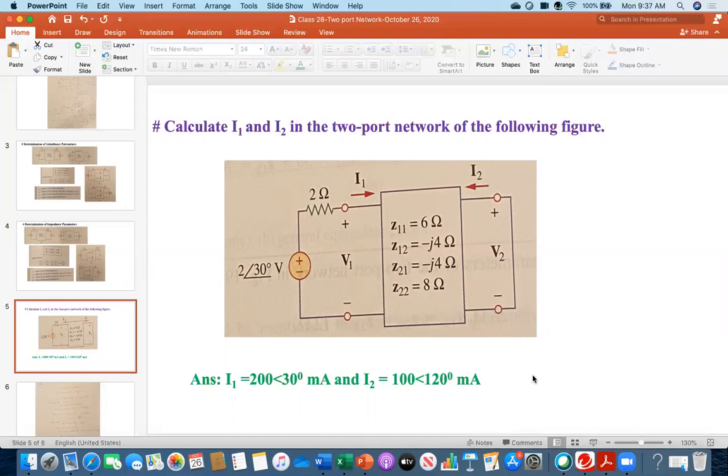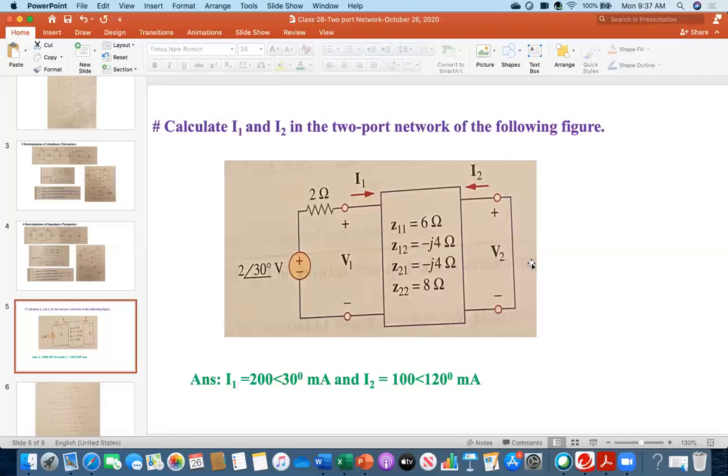Is everybody trying? Once you fill up those two equations, V1 and V2, and put V1 as 230 minus 2 I1, and for V2, 0, then in the equation you will notice that you have only I1 and I2, those two variables.